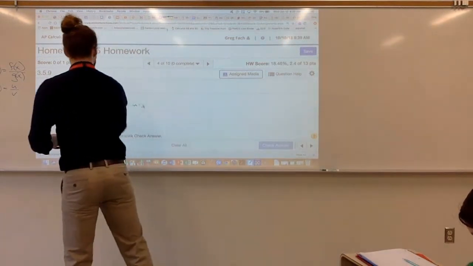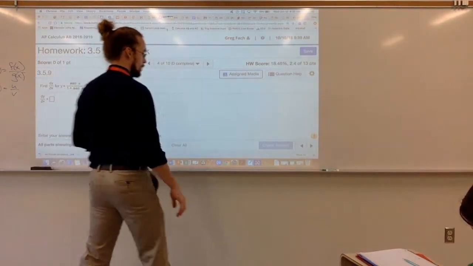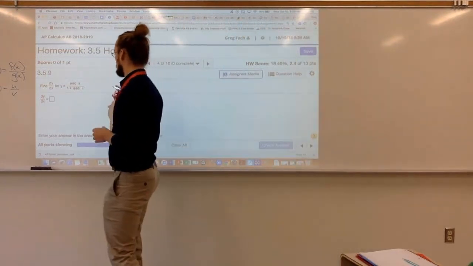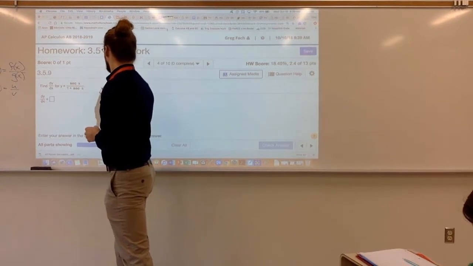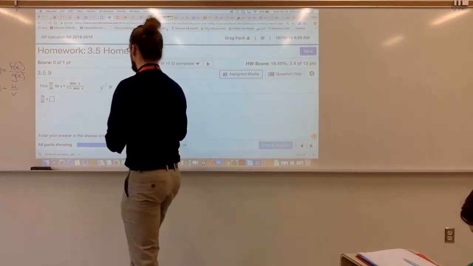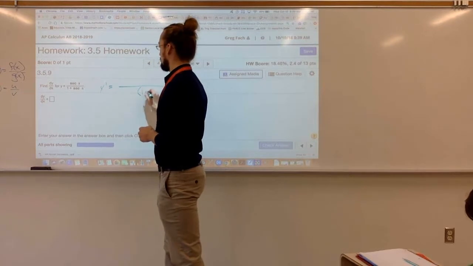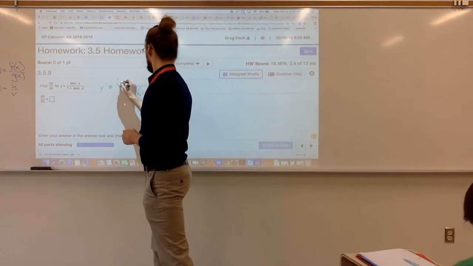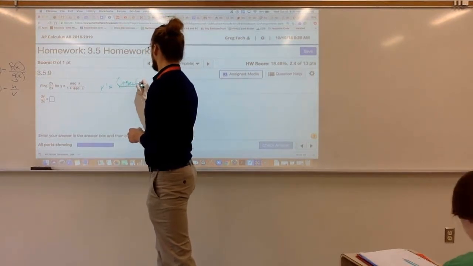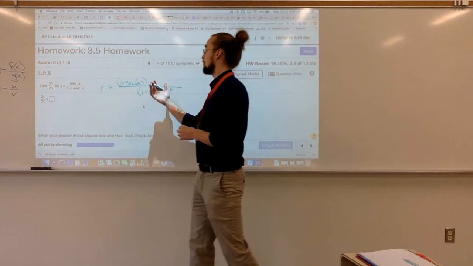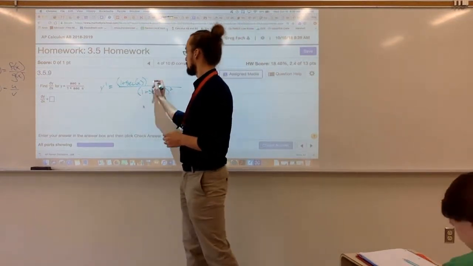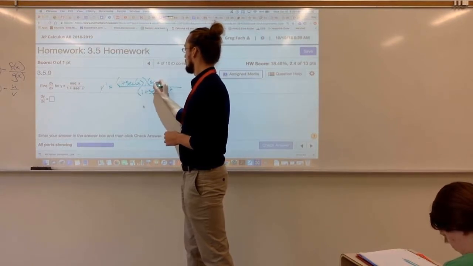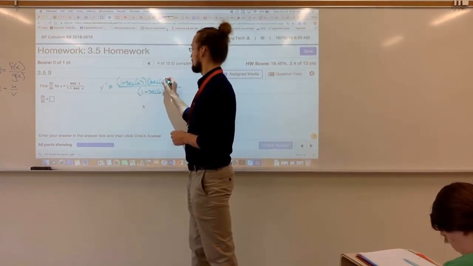So again, this would be a quotient rule problem. Square the denominator, so 1 plus secant of x, squared. Bring that straight up, times the derivative of the numerator. What was the derivative of secant? Secant times tangent.